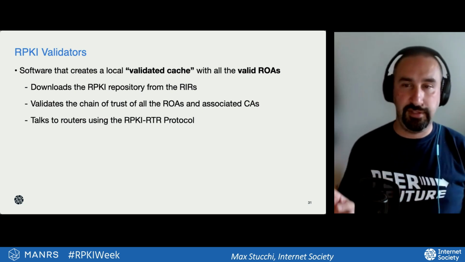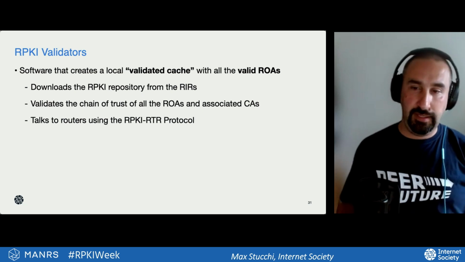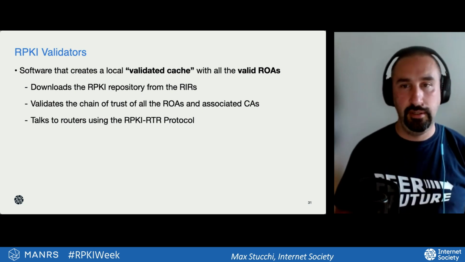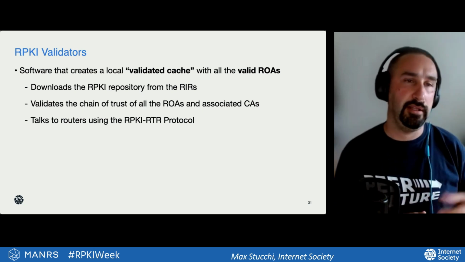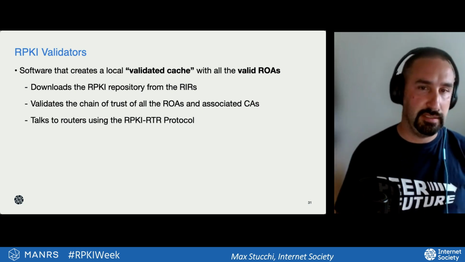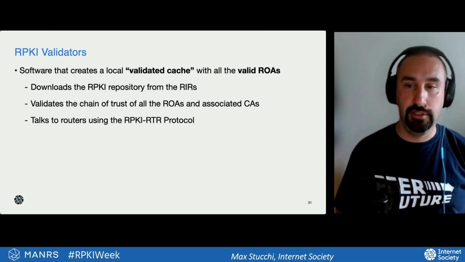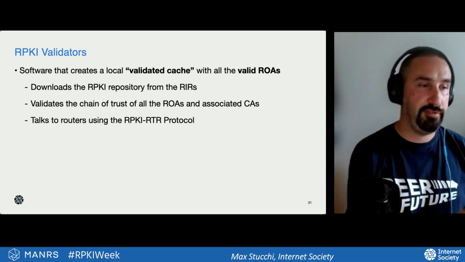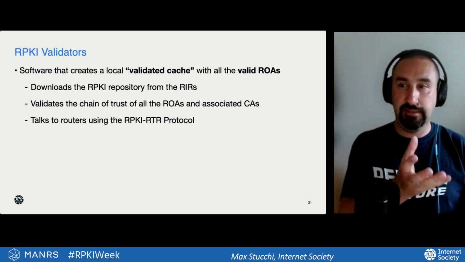And it uses this data, starting from the ROAs, basically, to validate all the chains of trust. So it does some sort of cryptographic work. It validates the signatures, it validates the full chain, makes sure there is always a relationship that is fulfilled between every piece of data, and then creates this local validated cache.